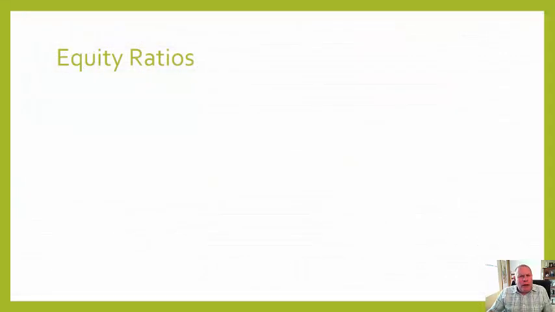Next, we're going to take a look at our equity ratios. Some of these are dividends: the dividend yield, the dividend that is paid by a company divided by its price per share, current market value.